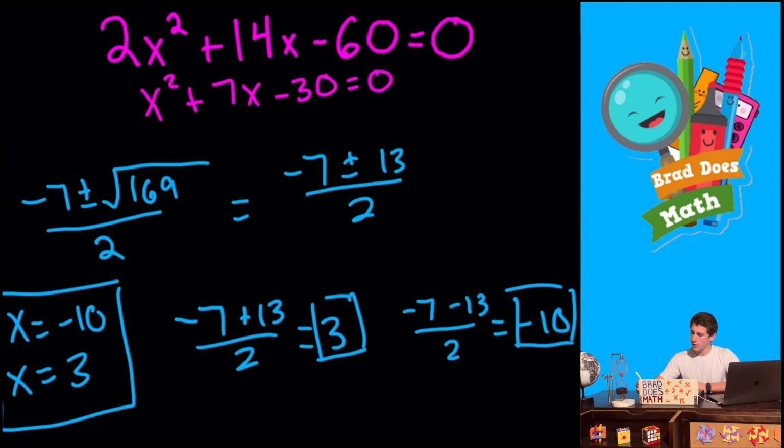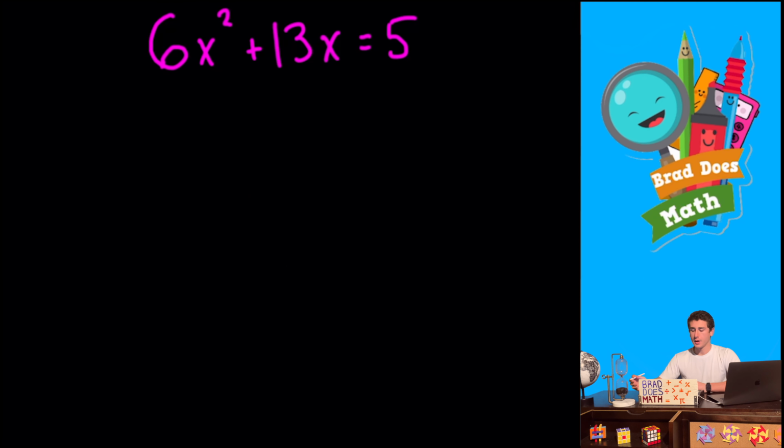All right. One last problem. So, like I said earlier in the video, make sure you get everything to one side of the equal sign. And I like to always keep my A term positive, so I'm going to just subtract 5 from the other side. So 6x squared plus 13x minus 5 equals 0.